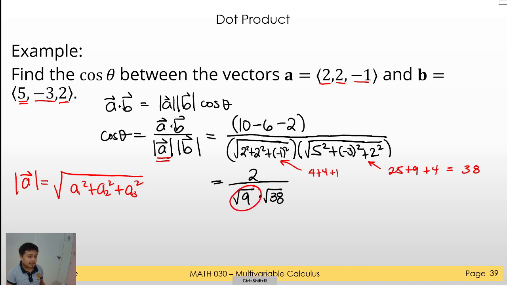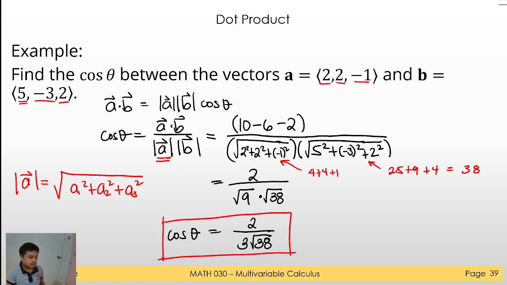Okay, we can evaluate this one. So this is equal to 2. The square root of 9 is equal to 3. So 2 over 3 square root of 38 is the answer. So you do not need to use your calculator. This will be your answer for the cosine theta only. If you want to find the angle, you can use your calculator.